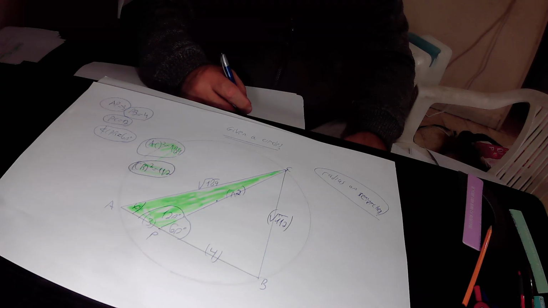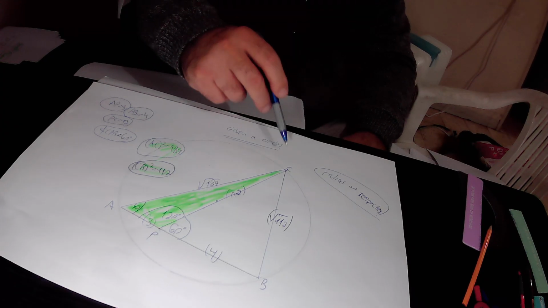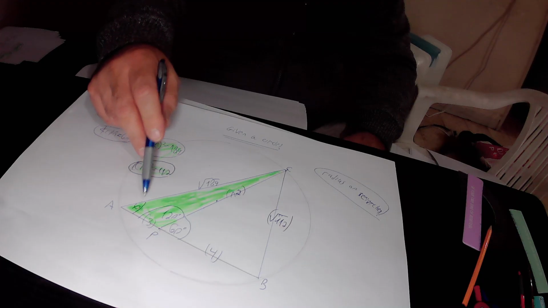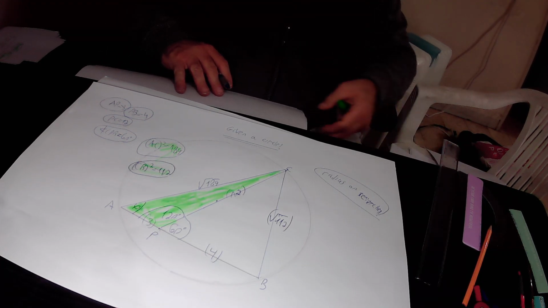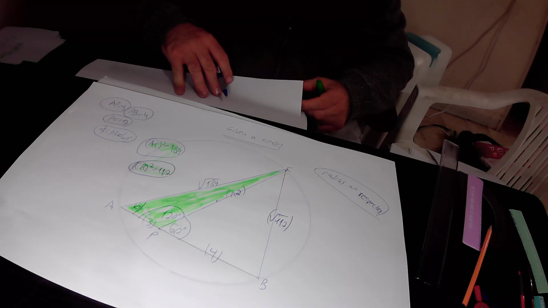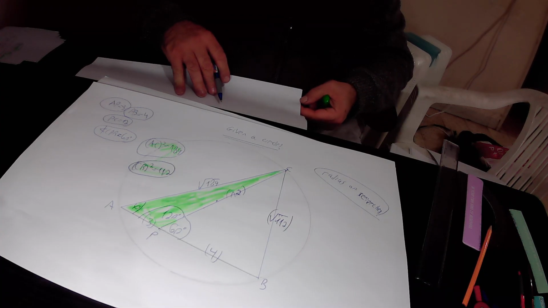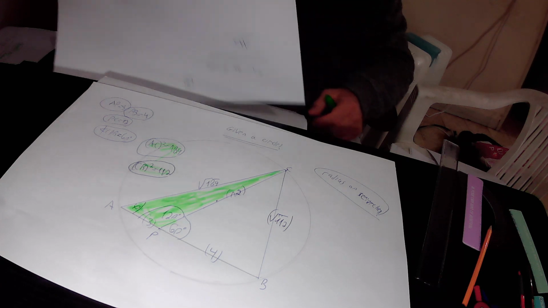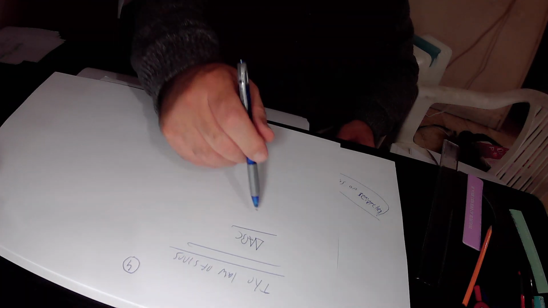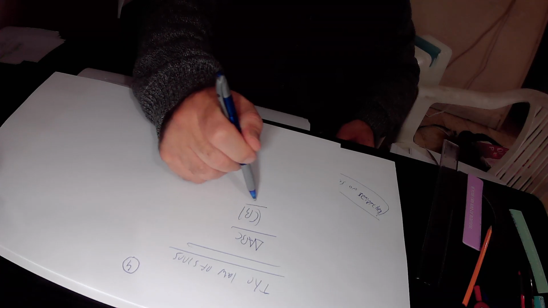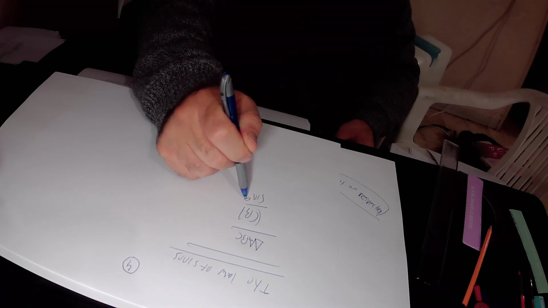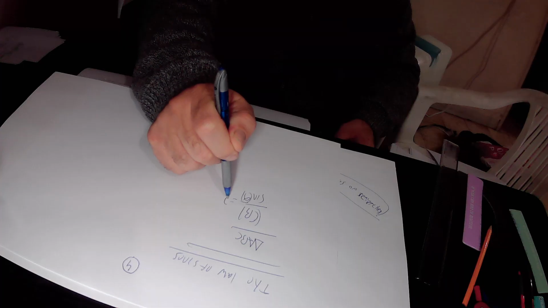So according to the law of sines, CB over sine alpha equals 2R. And again, according to the law of sines, in triangle ABC, the following equation holds: CB over sine alpha equals 2R.